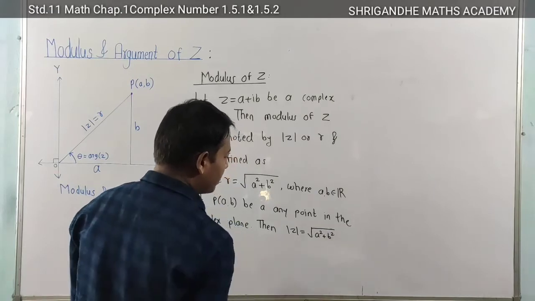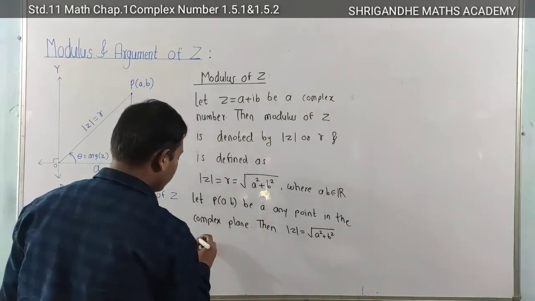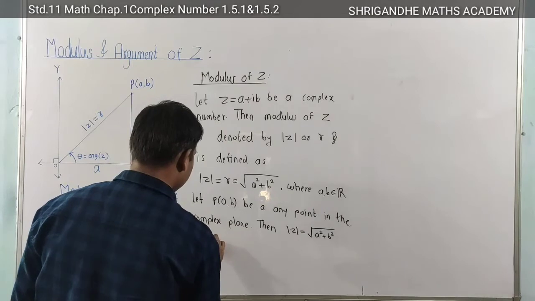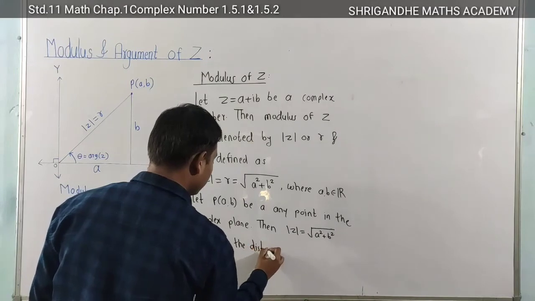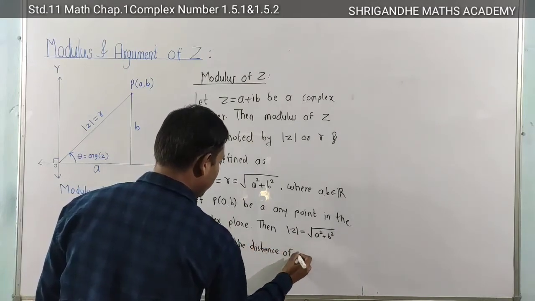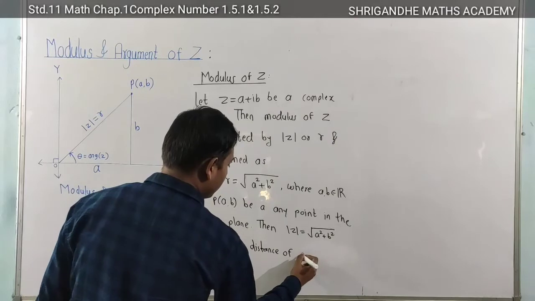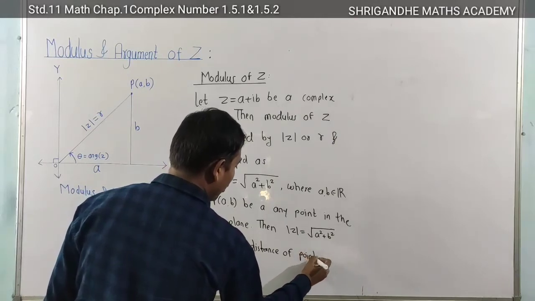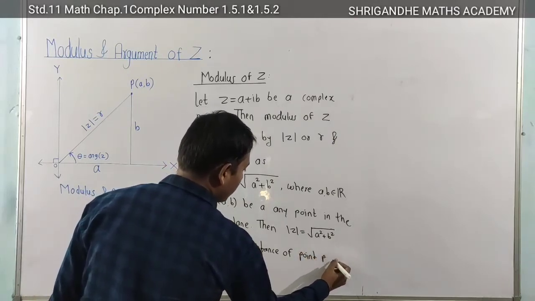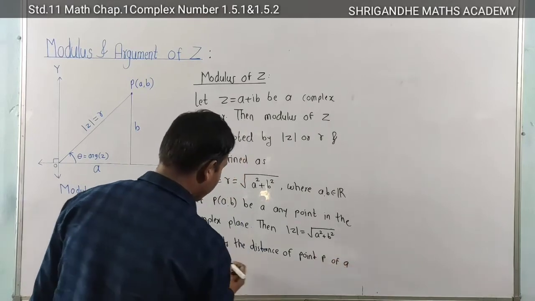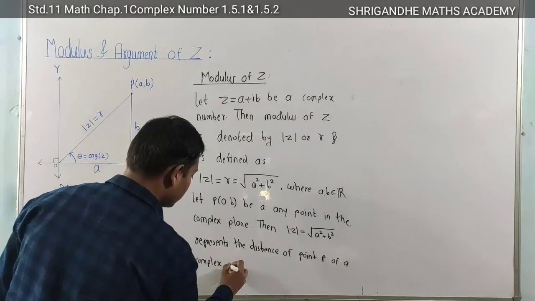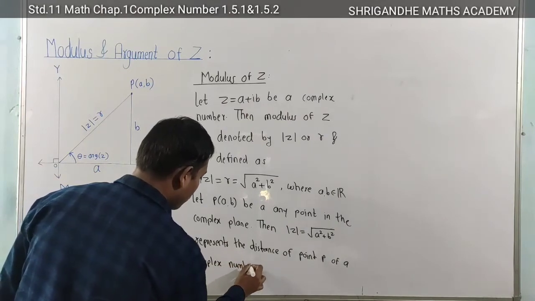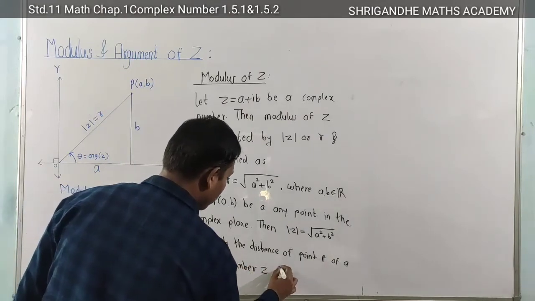Okay, it represents the distance of point capital P of complex number z from the origin.